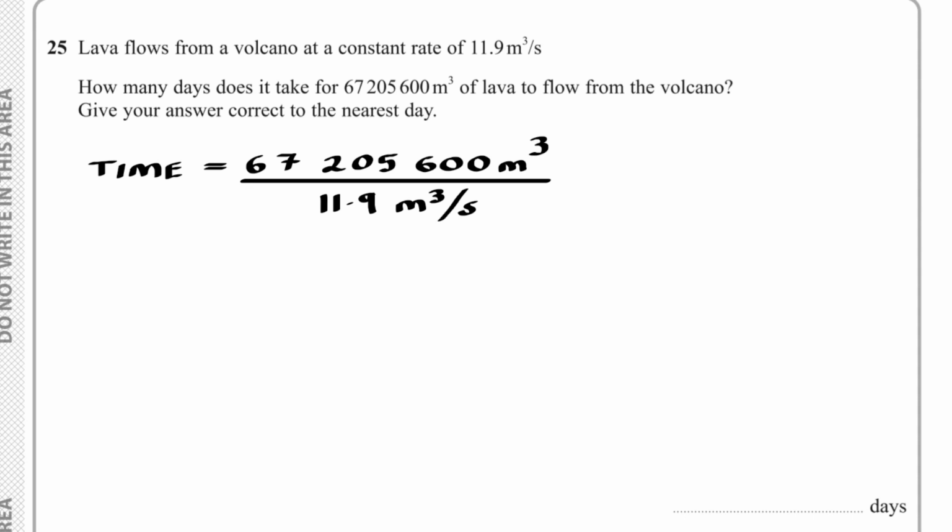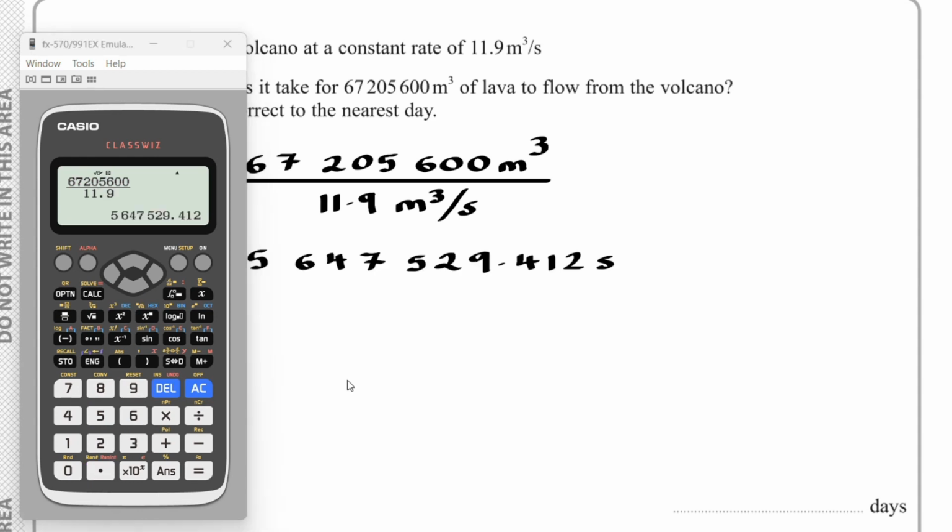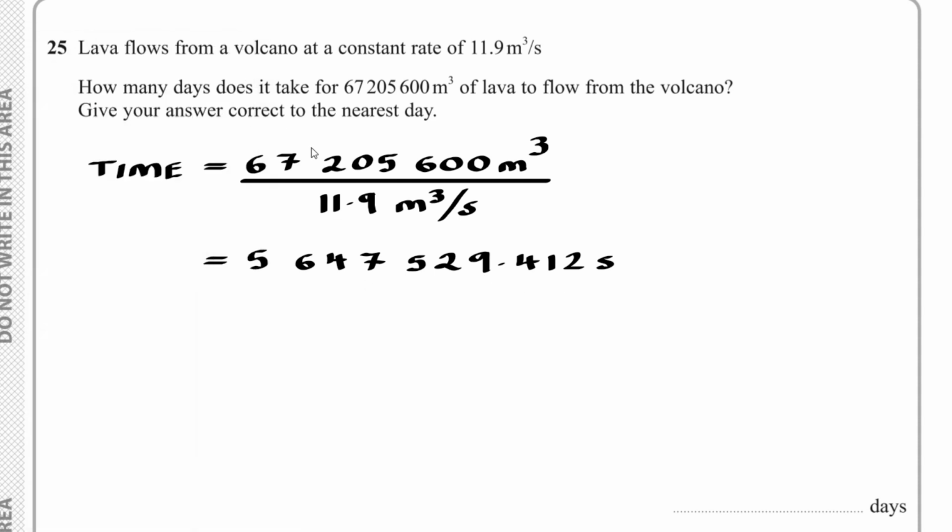So, if I work this out, I have 67,205,600 divided by 11.9. So it turns out we get 5,647,529.412 seconds. So what I need to do is convert this to days.